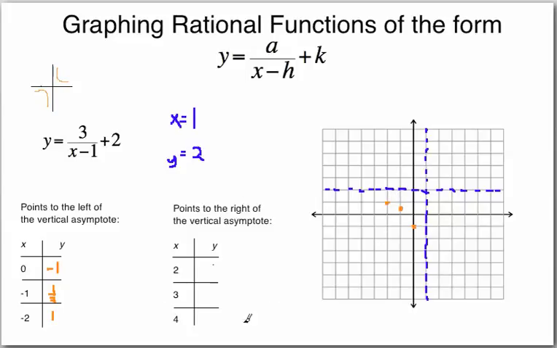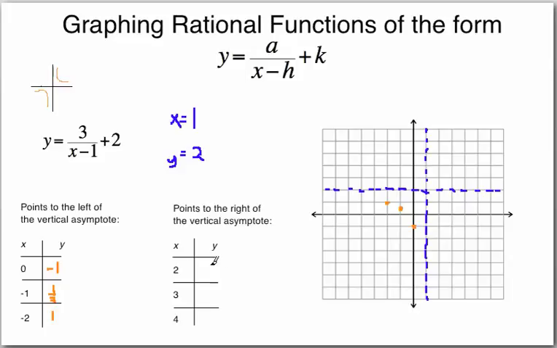Now we look at the points to the right of the vertical asymptote. Again, the asymptote is at x equals 1, so I picked 2, 3, and 4. I plug those in exactly the same as I did the other ones. I take my 2, plug it in: 2 minus 1 is 1, 3 divided by 1 is 3, and 3 plus 2 is 5.